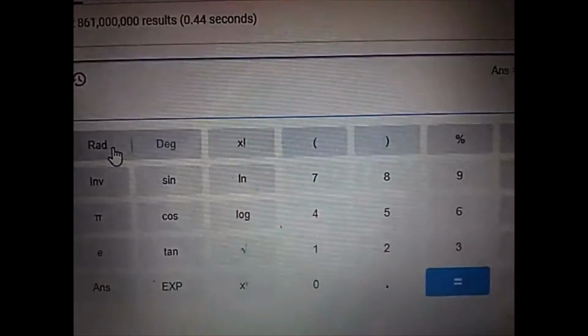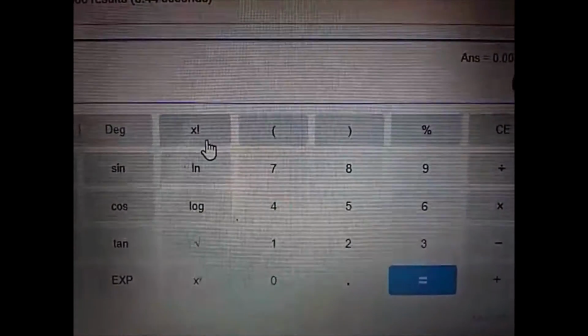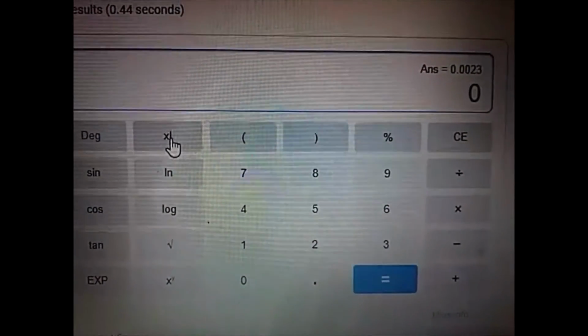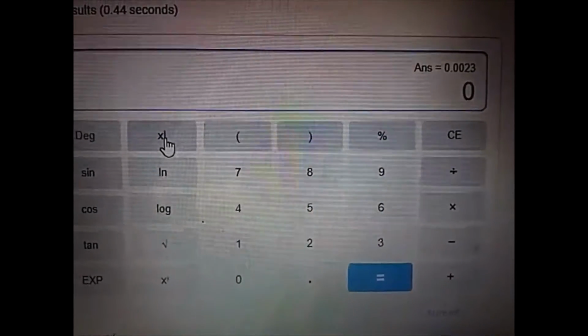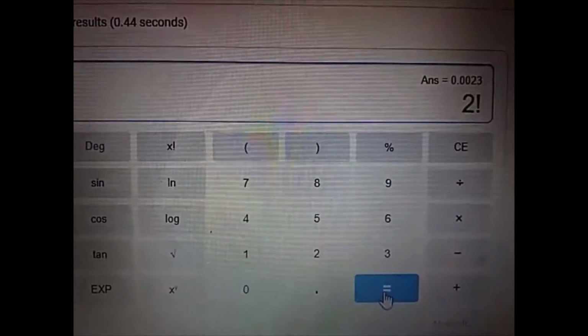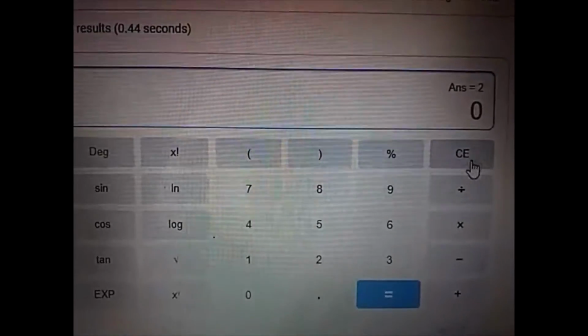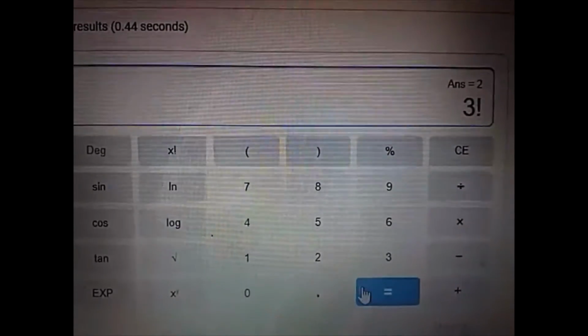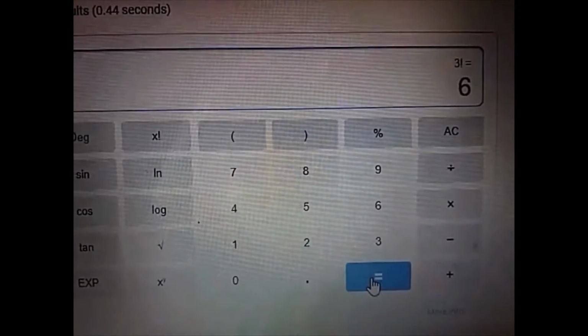Alright, now let's see what factorials do. Factorials are represented with the exclamation mark. For instance, the factorial of 2 is just 2, and the factorial of 3 is 6, because 3 times 2 times 1 equals 6.